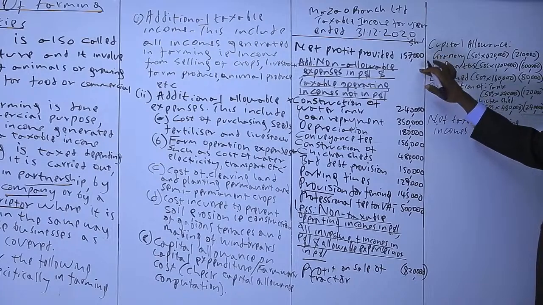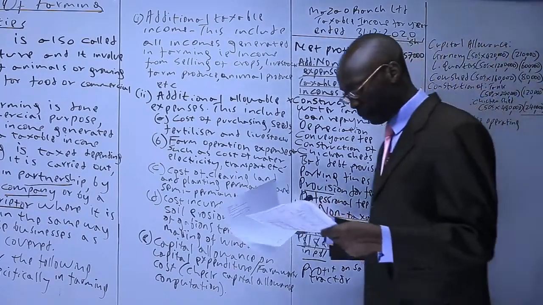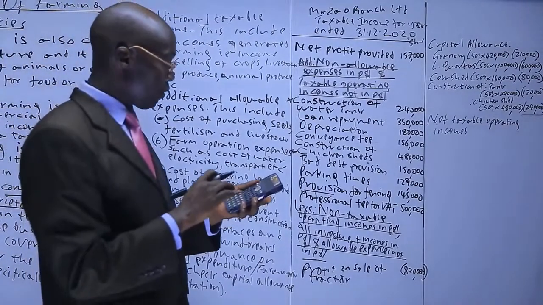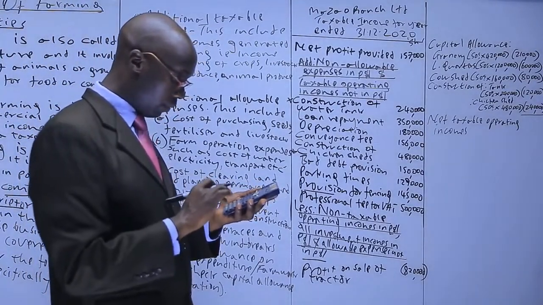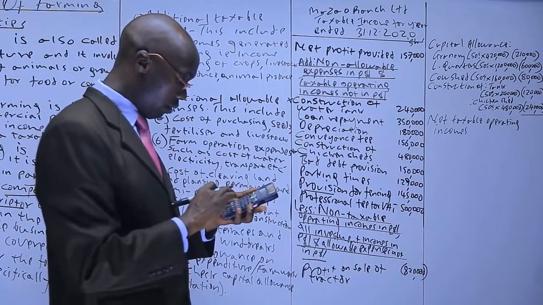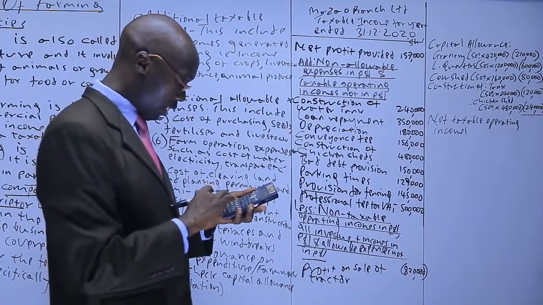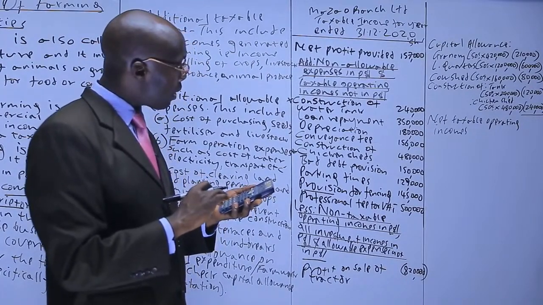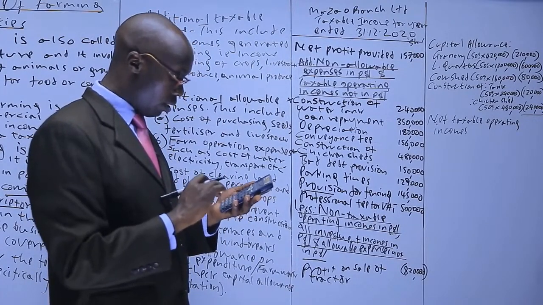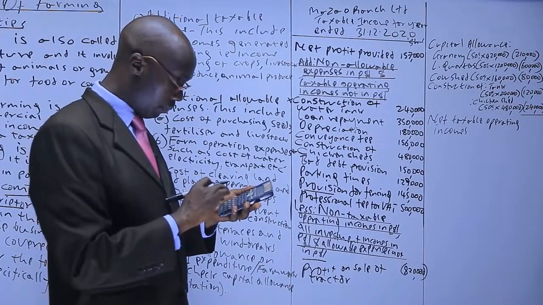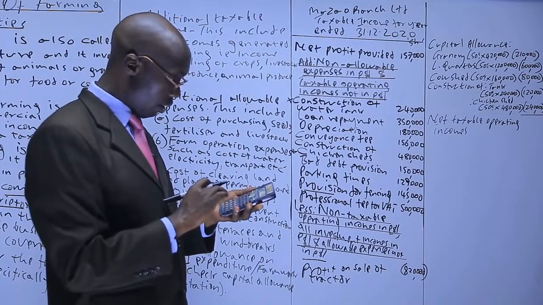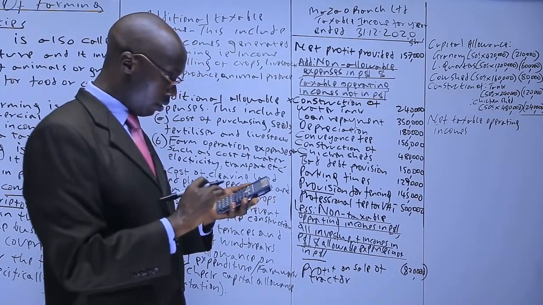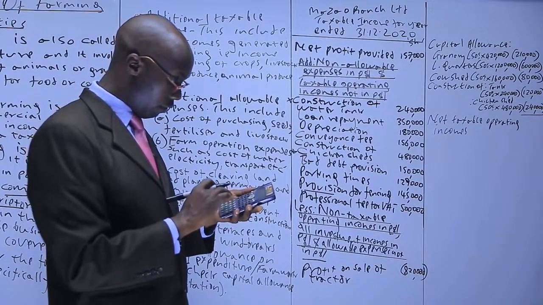So we are going to take this, add, and then minus. We start with 157,000, and then we add 40,000. We add 350,000. We add 180. We add 156. We add 480. We add 150. We add 129. We add 145.